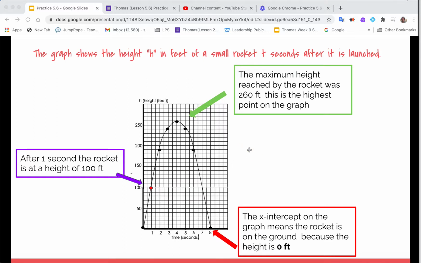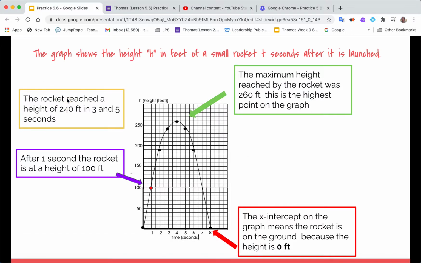So what we notice is that the rocket is reaching a height of 240 feet at times when time is 3 seconds. So that lines up with our 240 right here, and also at 5 seconds.